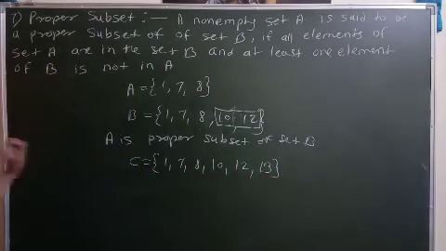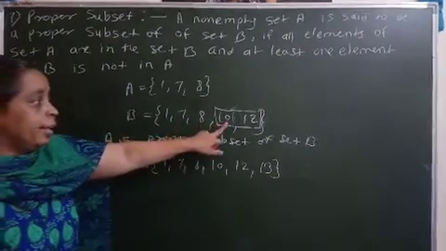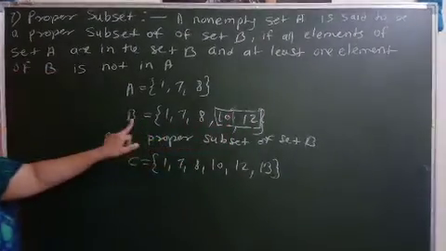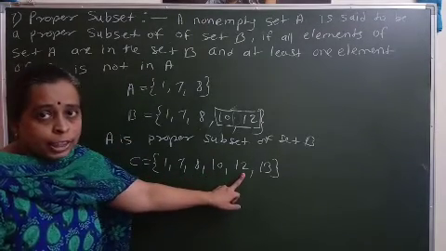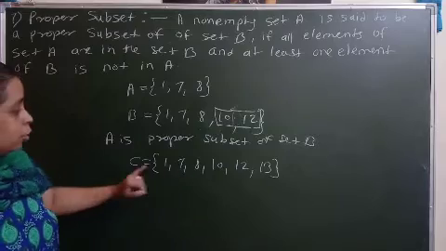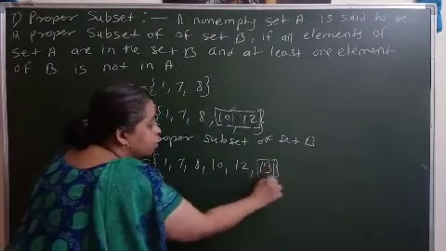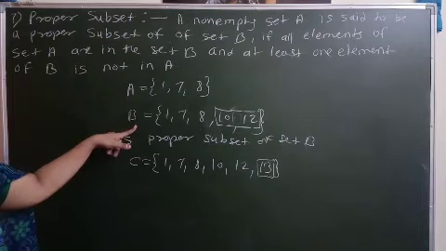Now what happens? 1, 7, 8, 10, 12 are the elements of B which are also the elements of C. Correct? And C contains this 13. C contains this 13 which is not in B.